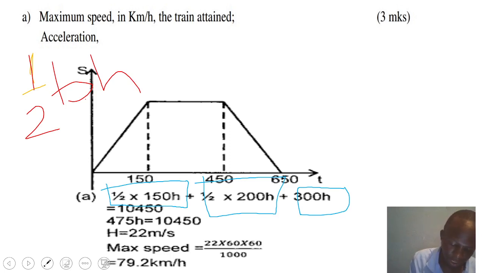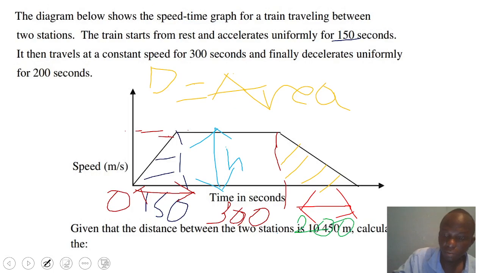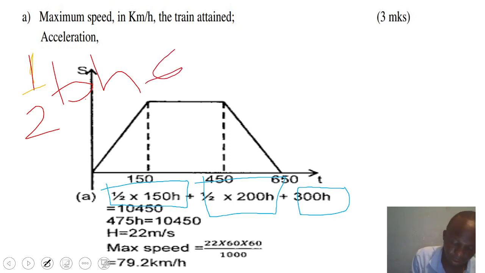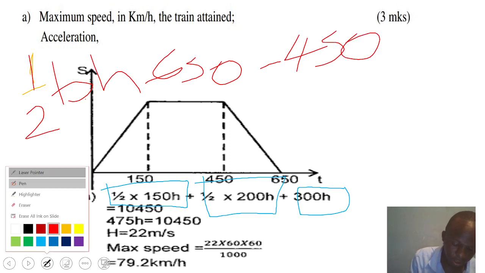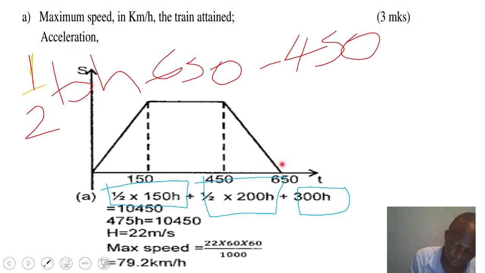Now how has 200 come in? 200 is as a result of saying 650 subtract 450. So it is this distance here, and therefore that is how we have been able to get 200. What about 300? The distance from here up to here.